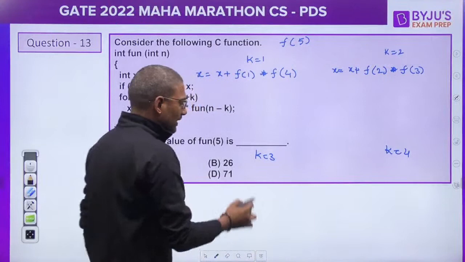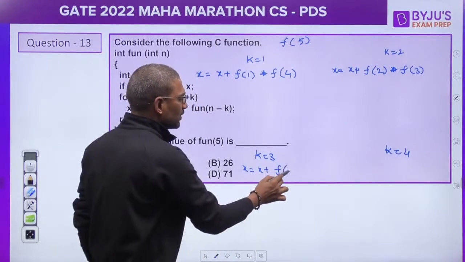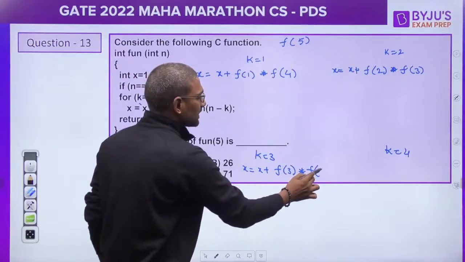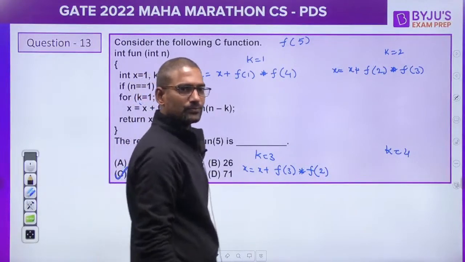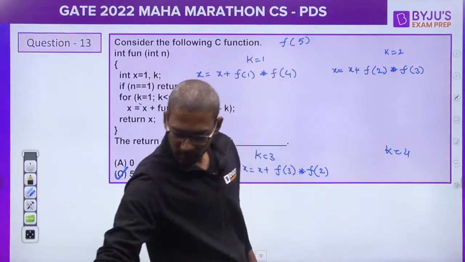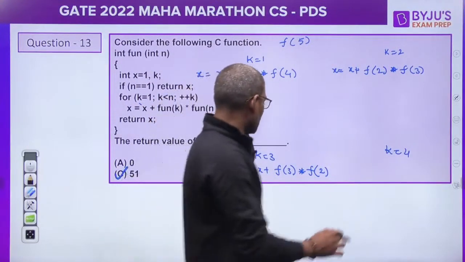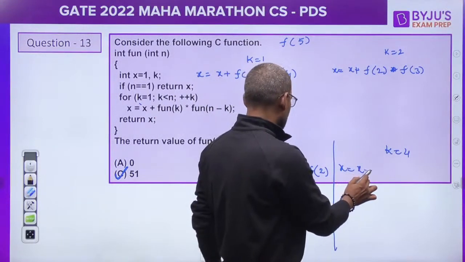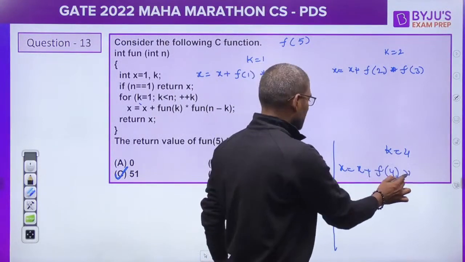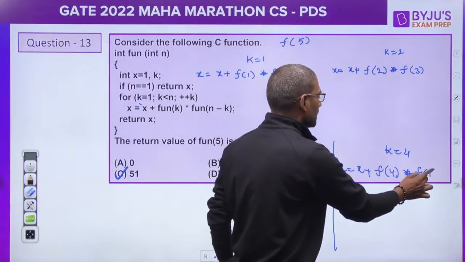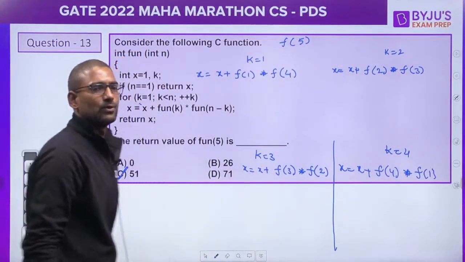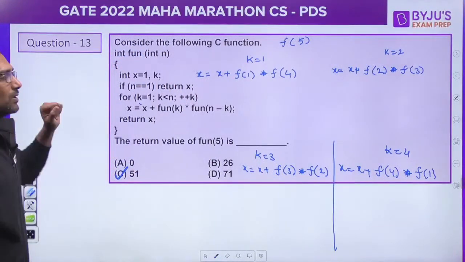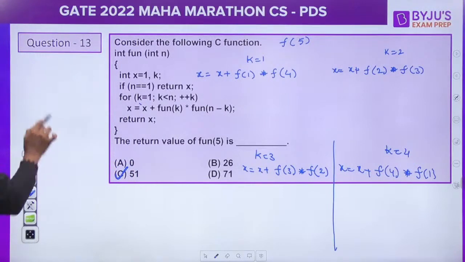When k equals 3, x is equal to x plus fun of k multiplied by fun of n minus k, 5 minus 3, 2. When k equals 4, x is equal to x plus fun of k multiplied by fun of n minus k, 5 minus 4, 1. Right?